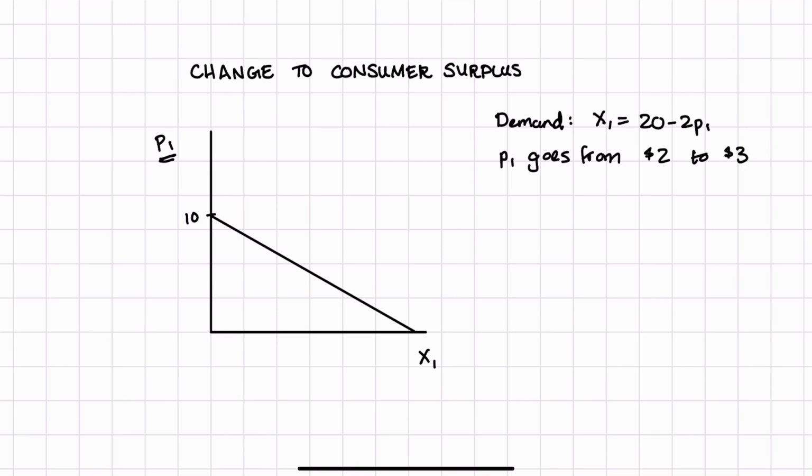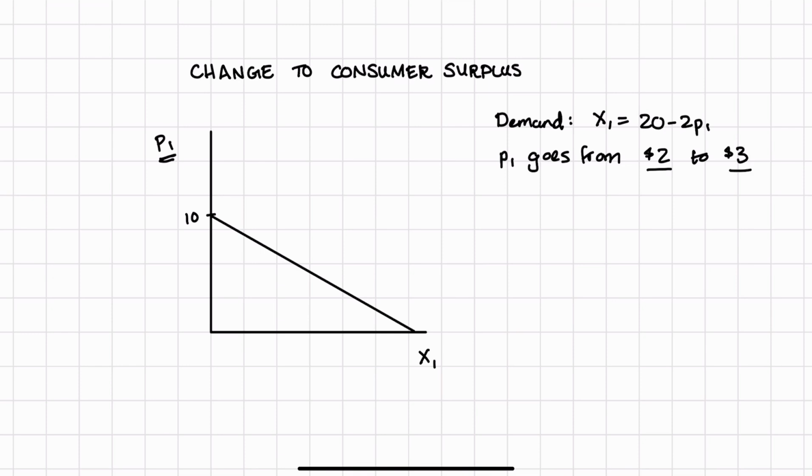Maybe there's a tax or something like that. So let's first figure out how many units we'll purchase of good 1 at a price of $2, and figure out the consumer surplus for that situation, and then figure out the consumer surplus for this one.